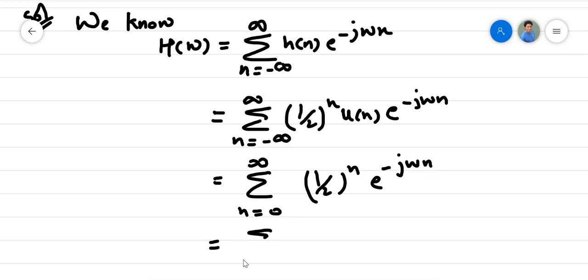Then we can write it as the summation from n equals 0 to infinity of (e^(-j omega)/2)^n.